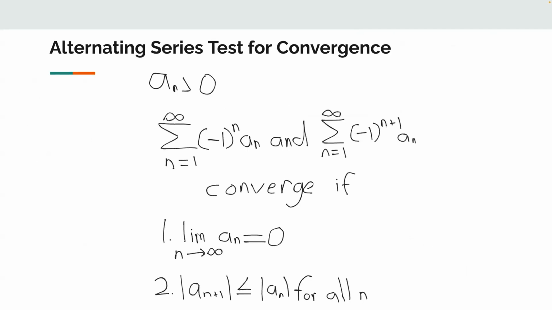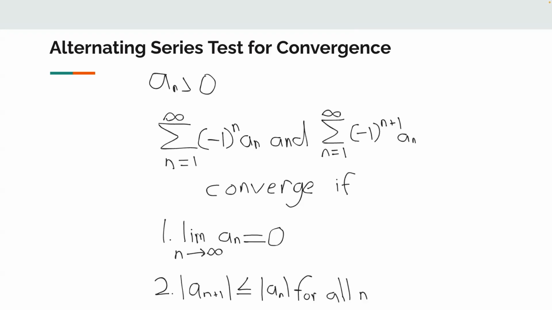Okay, alternating series test. If A of n is greater than 0, then the sum from n equals 1 to infinity of minus 1 to the power of n times A of n, and the sum from 1 to infinity of minus 1 to the power of n plus 1 times A of n, both of them will converge if two things are met.